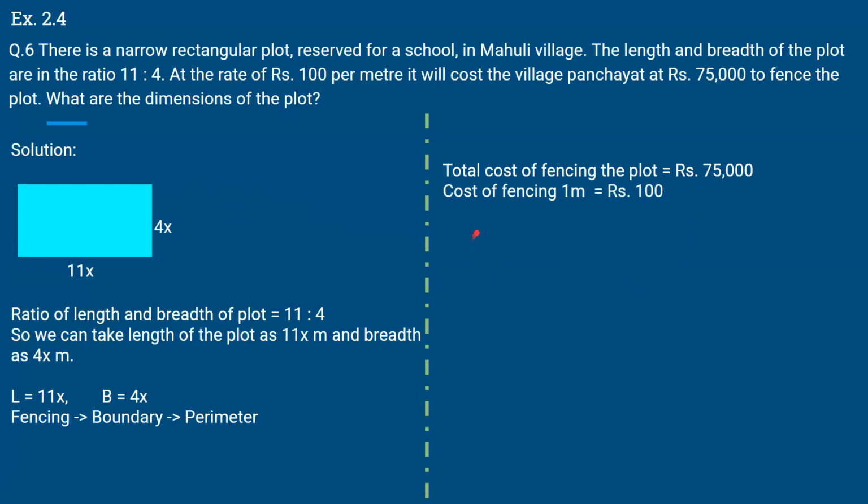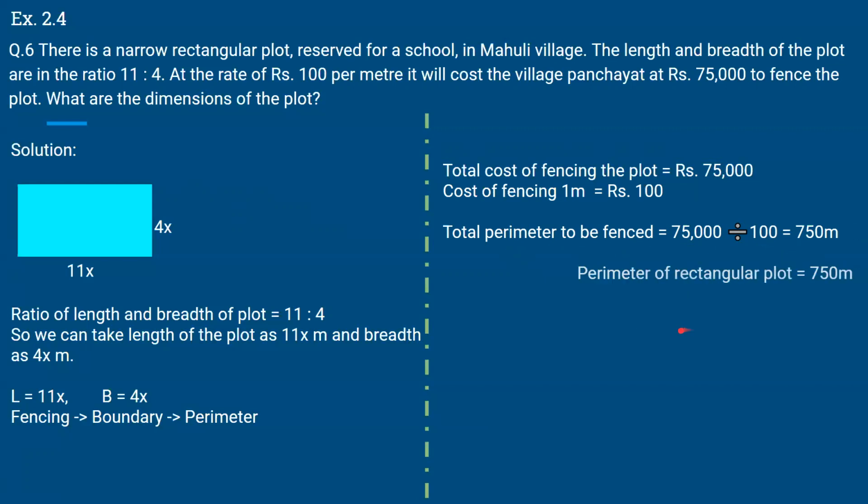Cost of fencing 1 meter is rupees 100. Therefore, if you divide the total cost by the cost of fencing 1 meter, you will get the perimeter of the plot. So total perimeter to be fenced equals 75,000 divided by 100 equals 750 meter. That is, perimeter of the rectangular plot equals 750 meter.